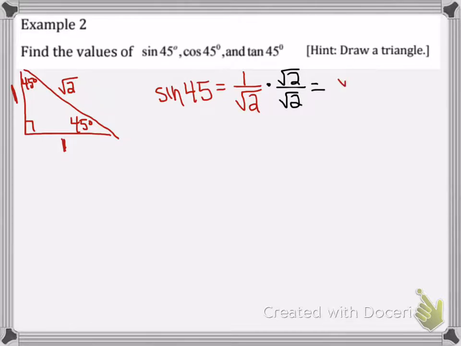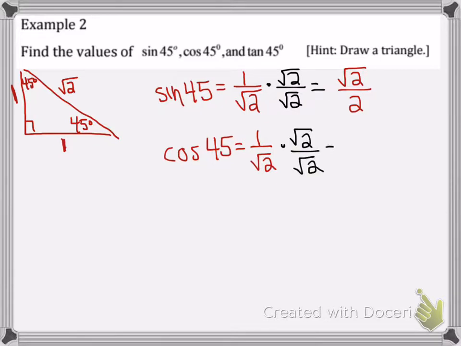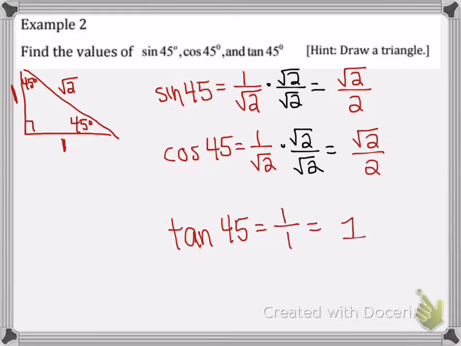So I end up with the square root of 2 over 2. Cosine of 45 is adjacent over hypotenuse. And again, we have to rationalize that the same way. So I end up with the square root of 2 over 2. And then tangent of 45 equals opposite over adjacent. So that just simplifies to 1.